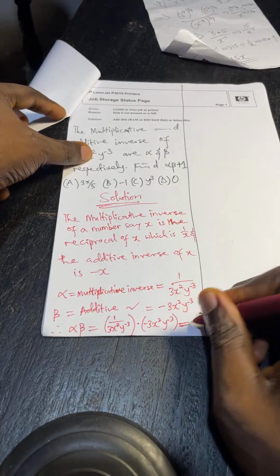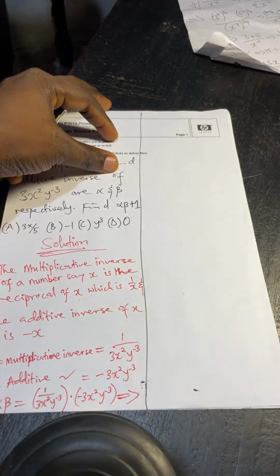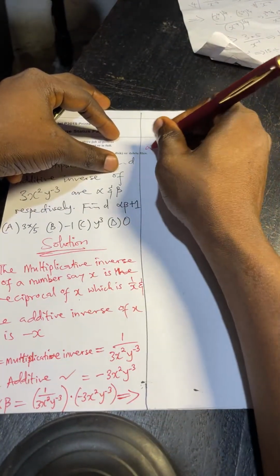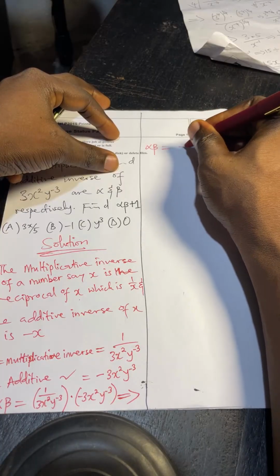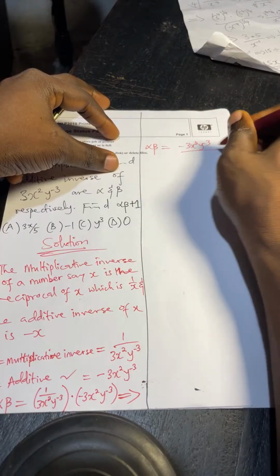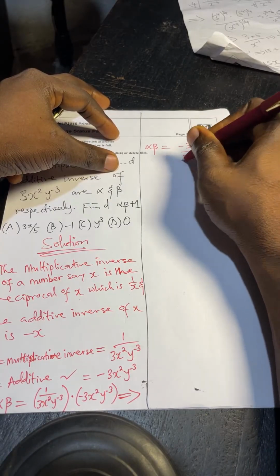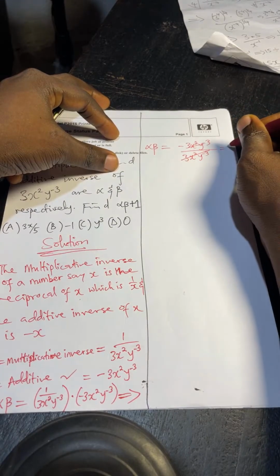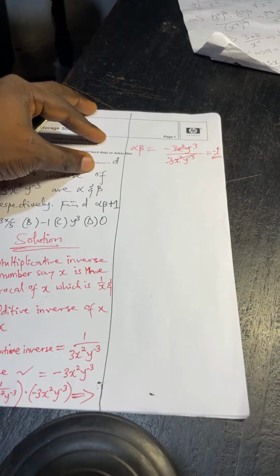Please watch. That simply gives you that your alpha beta is equal to minus 3x square y power minus 3 all over 3x square y power minus 3. This against this, so what remains is minus 1. Are you seeing it? Minus 1 remains.